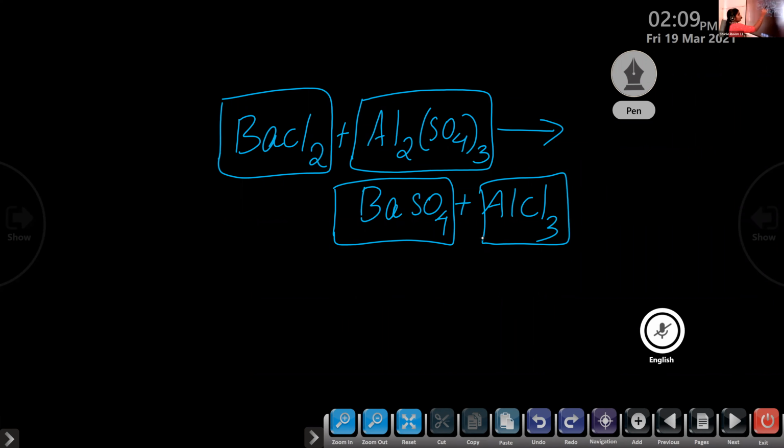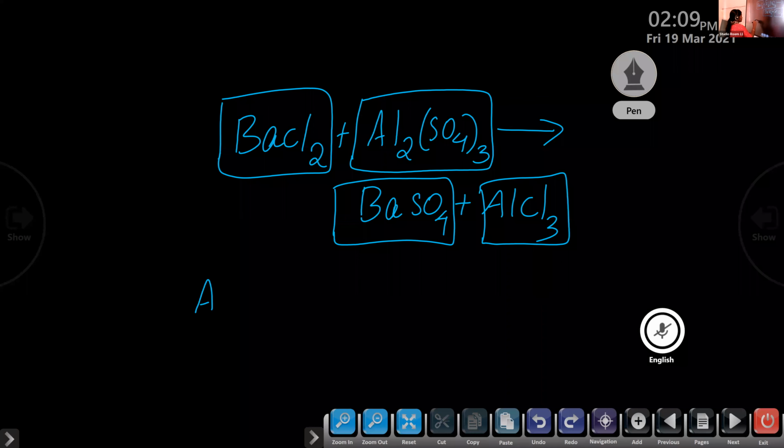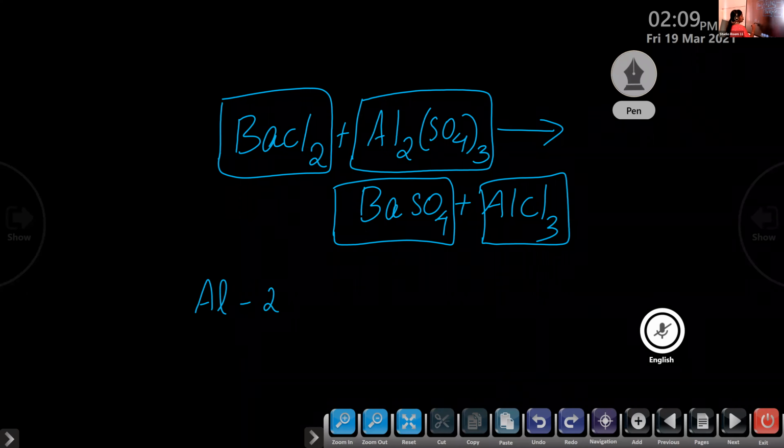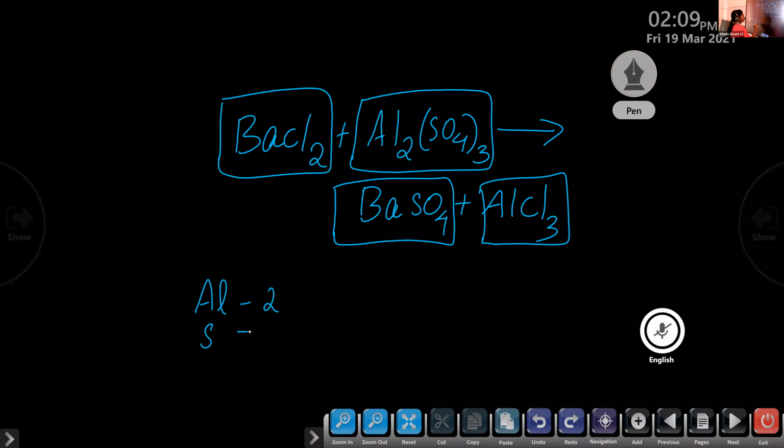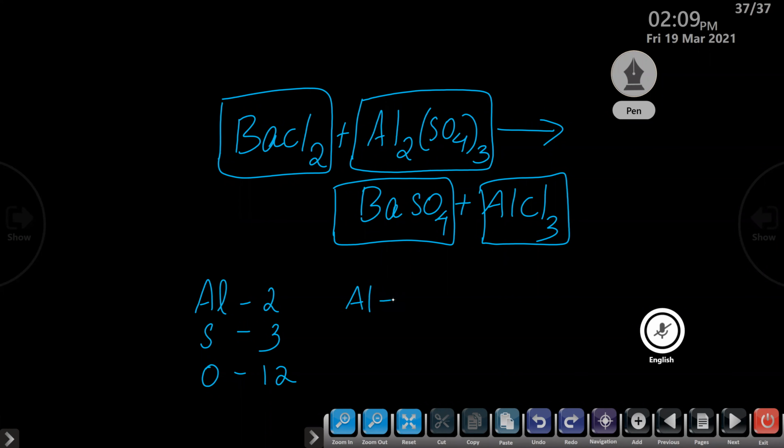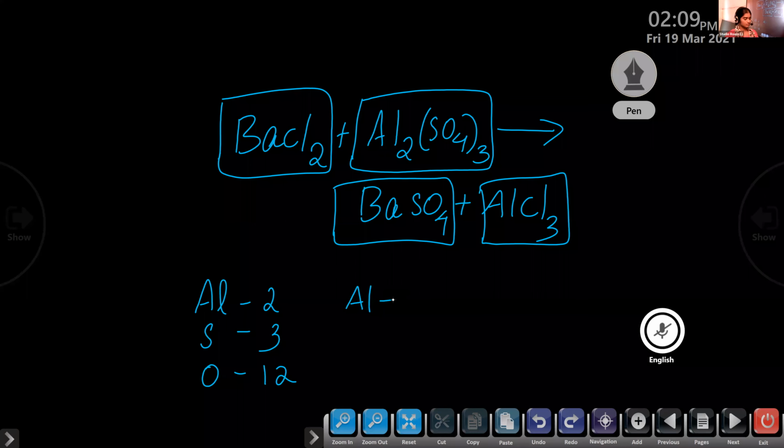Here, this aluminium 2, sulfur 3, and oxygen 12. Then what about the right hand side? Aluminium. Tell me, aluminium, right hand side. How many aluminium atoms?